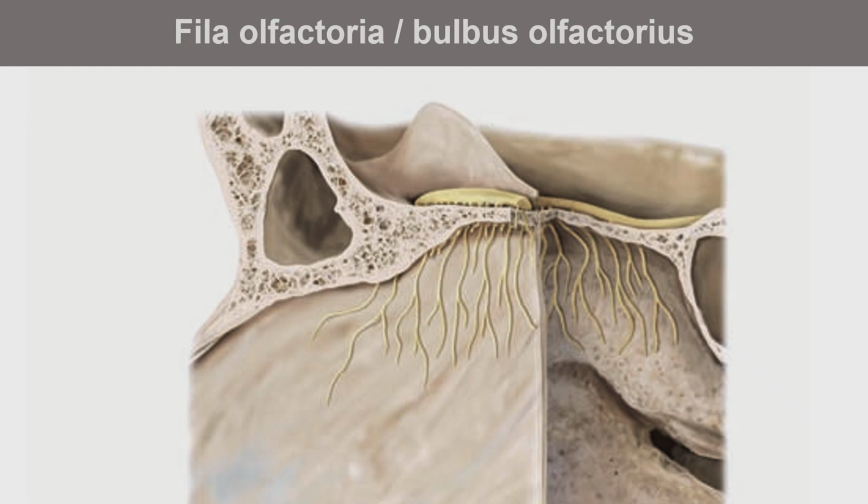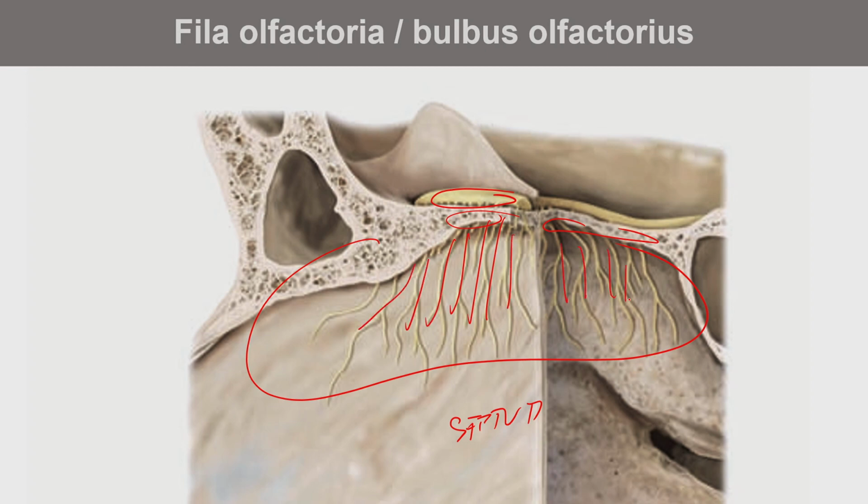The olfactory nerve has its initial part localized in the olfactory region of the nasal cavity. So this is the septum, and you can see that the olfactory fila are localized in the nasal cavity, and they are going through the cribriform lamina, which is a plate which separates the intracranial space from the nasal cavity and is a part of the ethmoid bone.